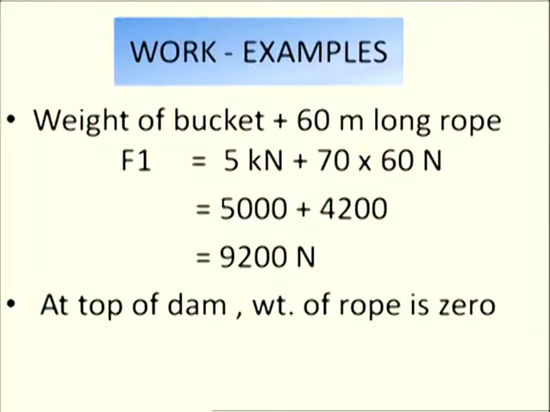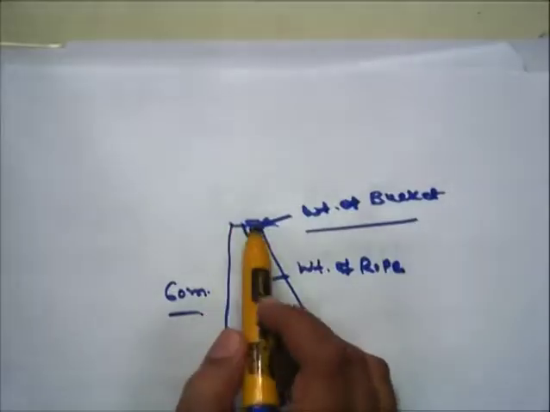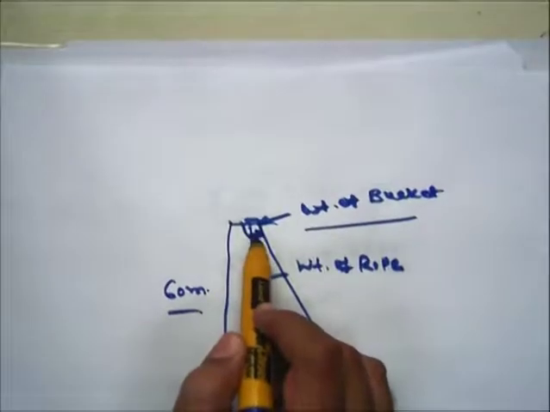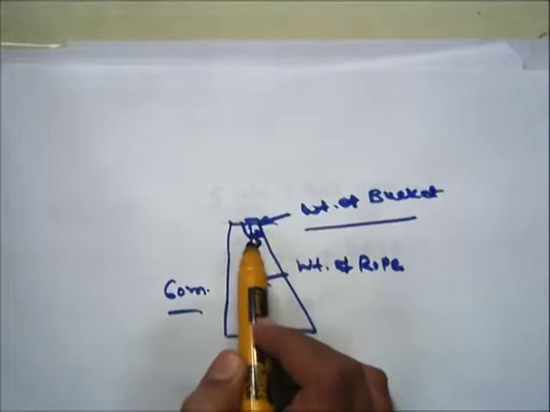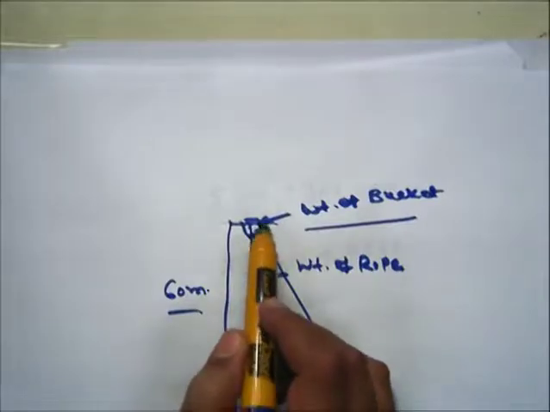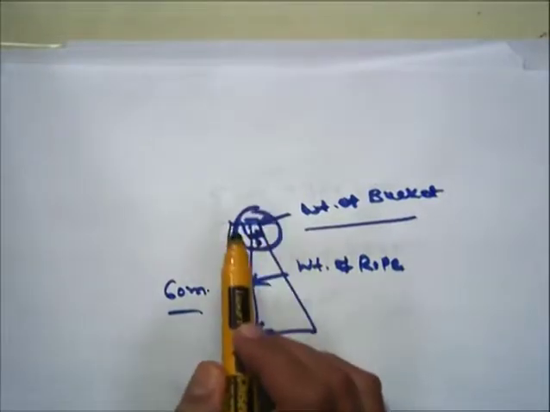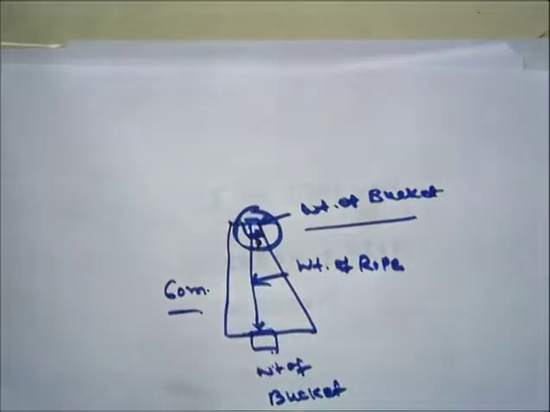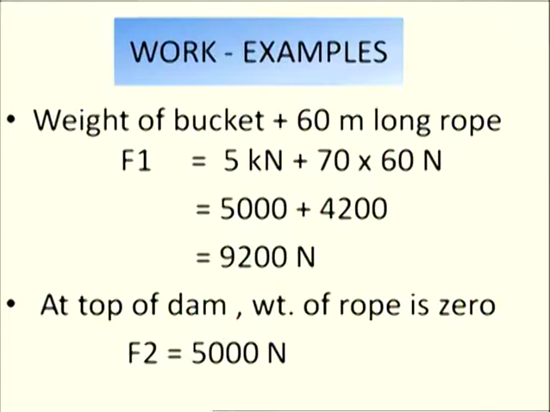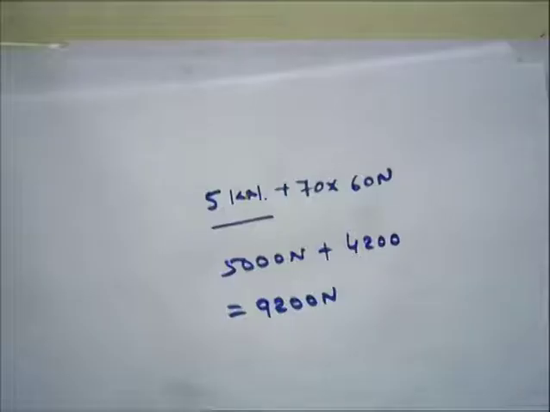At the top of the dam, weight of the rope is 0. So only weight of the bucket we have to consider, that is 5000 Newton.